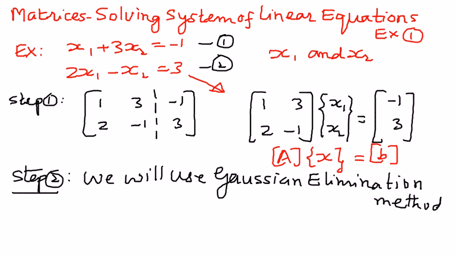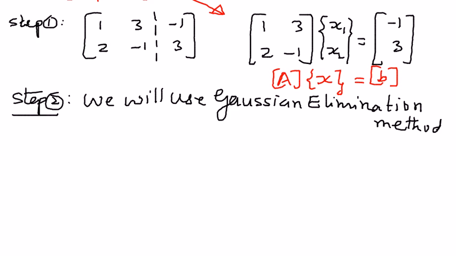In this method, we're going to work with the augmented matrix, and the way to do that is as follows. We take 1, 3, -1, 2, -1, 3.